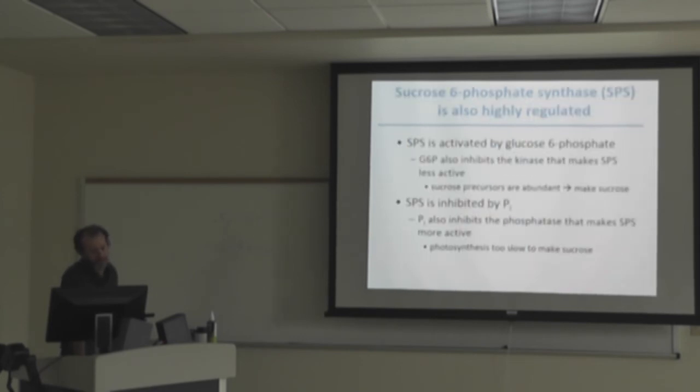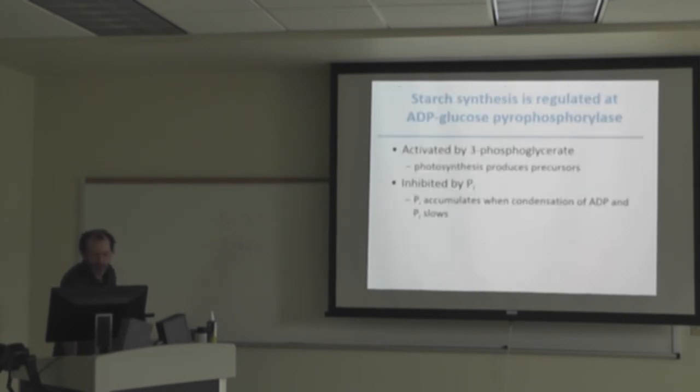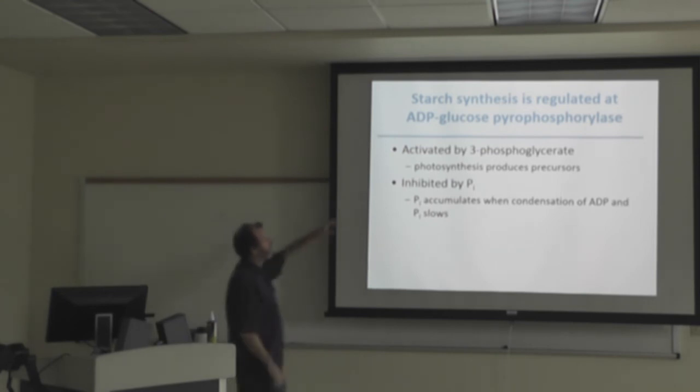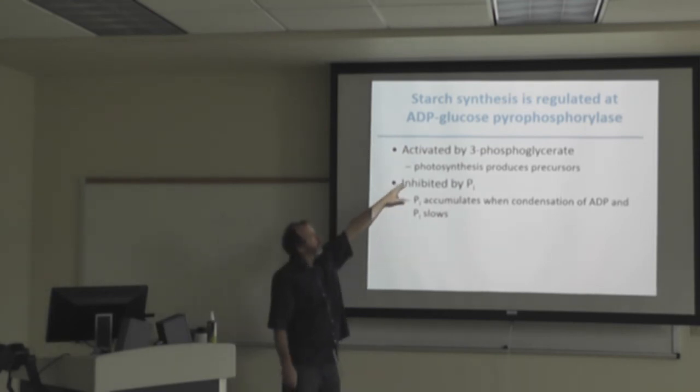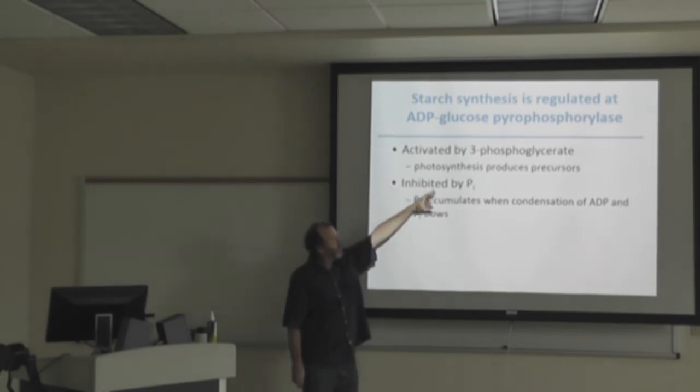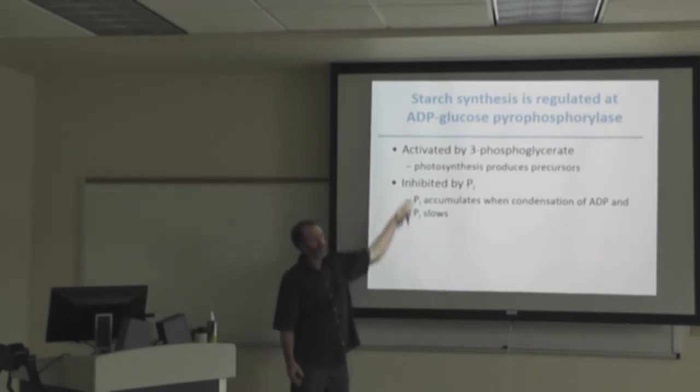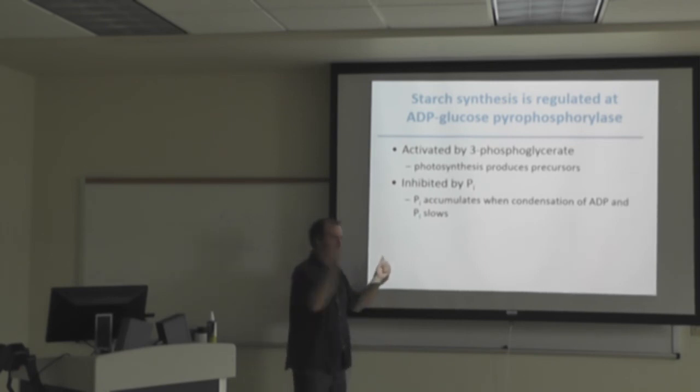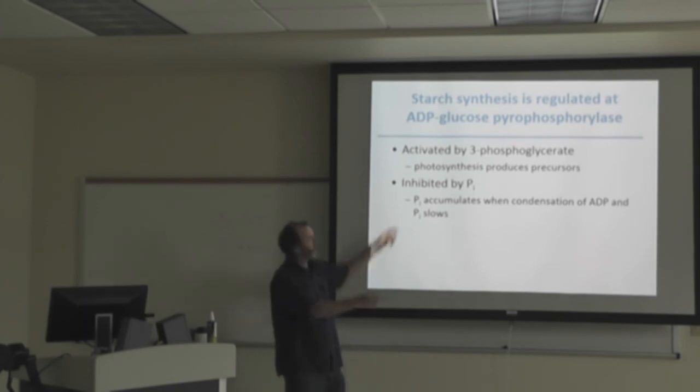And then starch synthesis, did I say that wrong? Went the wrong direction. Starch synthesis is regulated at ADP glucose pyrophosphorylase. It's activated by 3-phosphoglycerate. So if you have lots of 3-phosphoglycerate, you want to store those as either sucrose, convert them to sucrose, or store them as starch.